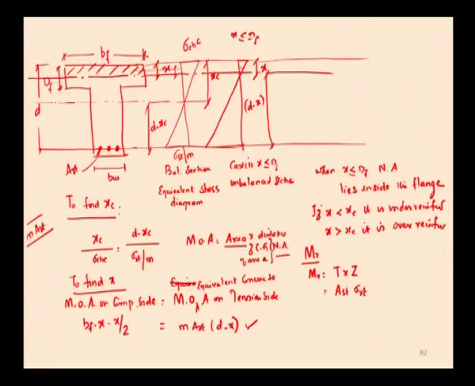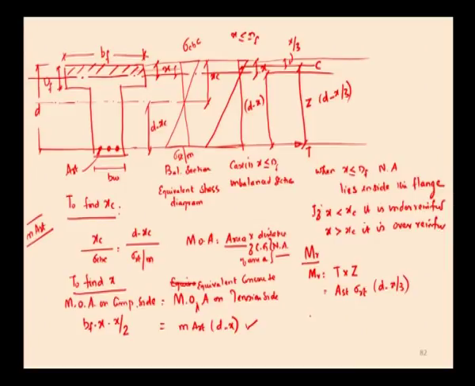Here, C is the compressive force, which is acting at X by 3 from the topmost extreme fiber, and T is the tensile force offered by the reinforcement. The distance between these two forces is called the lever arm Z, that is d minus X by 3.